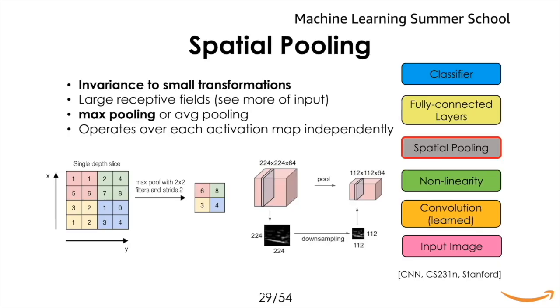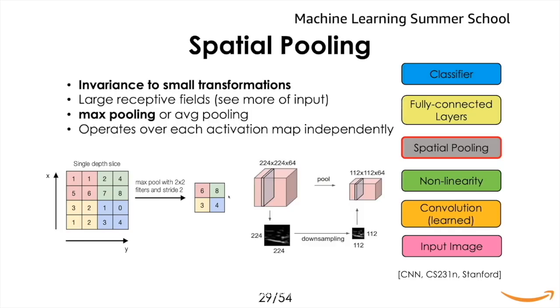Now let's look at the max pool filter. You're going to first look at the first 4 pixels, since the max pool has a size of 2 cross 2, and you're going to pick the maximum value among these 4 pixels. In this case, it's 6, and that's going to be the output. Now you move with a stride of 2. So you reach these 4 pixels, pick the maximum value, 8, move vertically by 2 pixels, and you come to this block, and here the max is again 4.